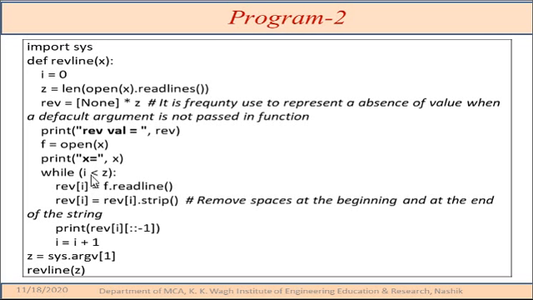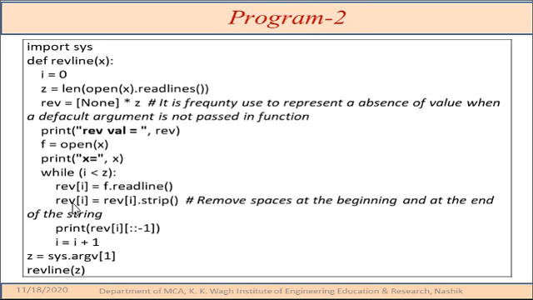Then from the starting point of the file up to the length of the file, I start to read the content. Starting from 0, I read the first line. Once I read it, I use one more function called strip, which removes the space at the beginning as well as at the end of the string.